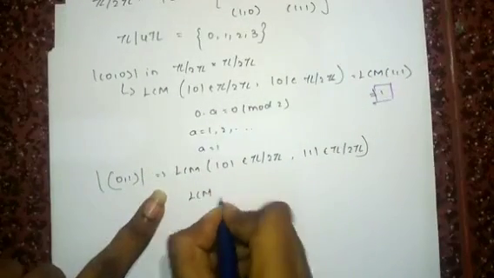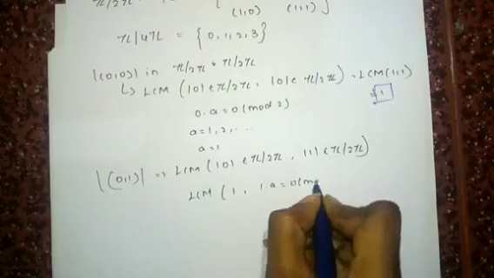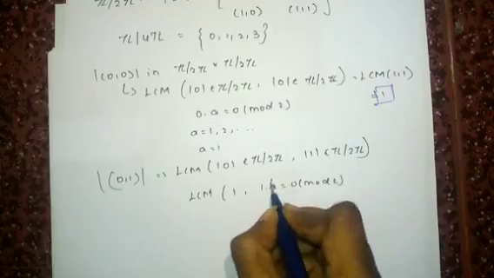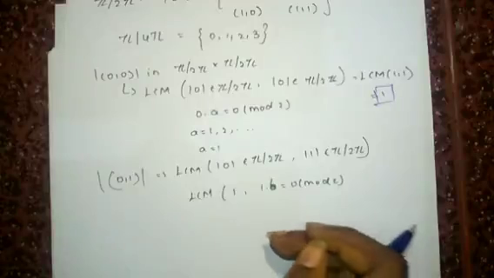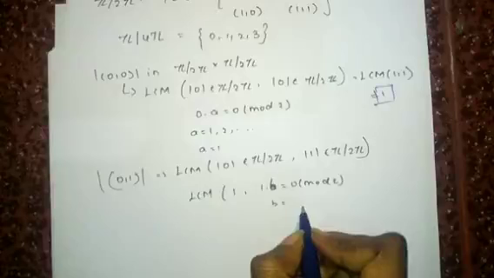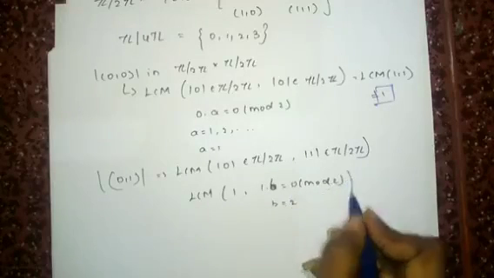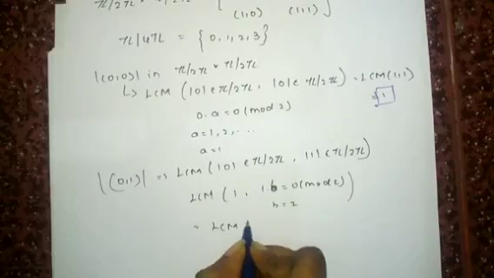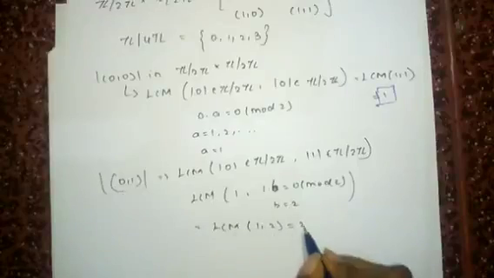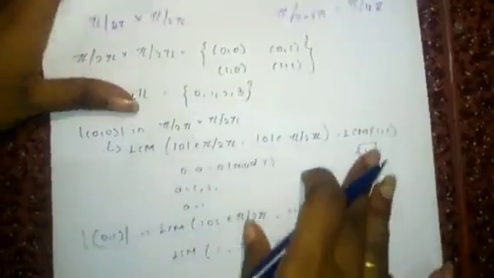So it is the LCM of 1 and b, where 1 into b equals 0 mod 2. It's your wish, you can take whatever variable you want. So b, the order of 1, is 2, because 1 into 2 is 2, I divide 2 by 2 and I get the remainder 0. So it is the LCM of 1, 2, which is 2. So the order of (0,1) is 2. Similarly, if you find the order of (1,0), you will get the same answer.